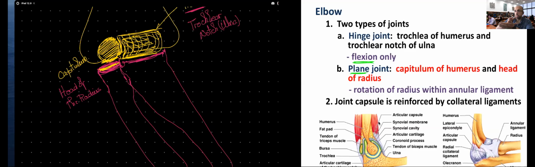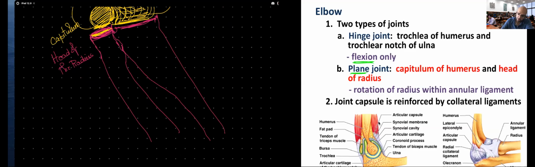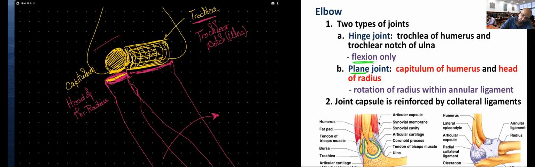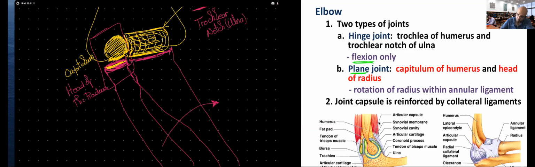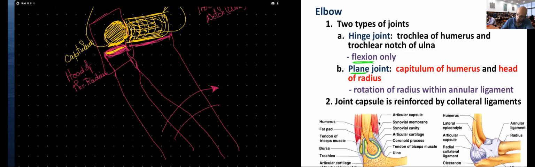This plane joint allows just a gliding motion between the head of the radius and the capitulum, to allow the rotational movement of the radius around the ulna, allowing pronation and supination. The movement between the capitulum and the head of the radius is a simple gliding motion, but it is necessary to allow the rotation of the radius around the ulna.